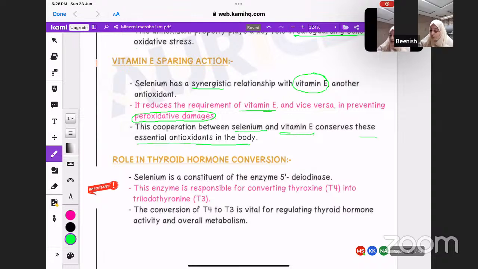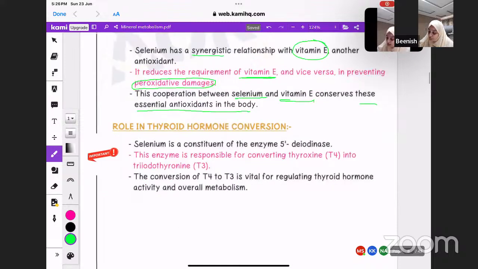Now, role in thyroid hormone conversion. Selenium is also an important constituent of 5' deiodinase. This enzyme is responsible for converting thyroxine, that is T4, into triiodothyronine, that is T3. So it also has selenium in its structure.